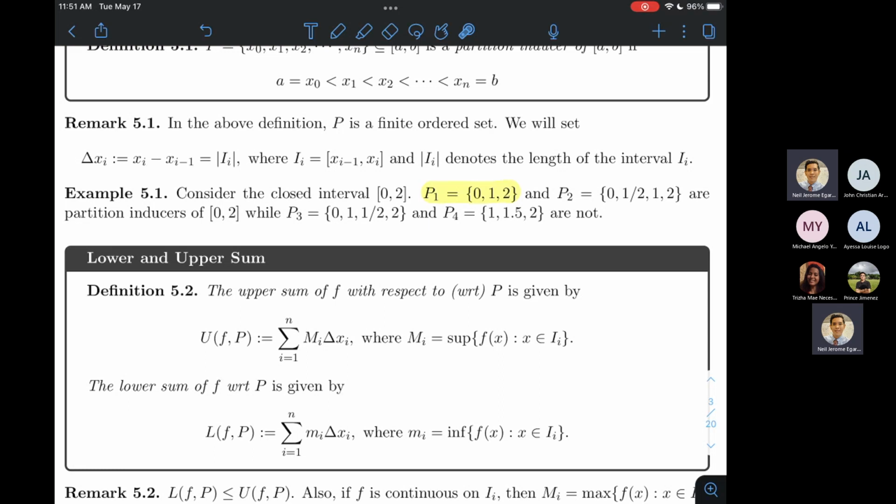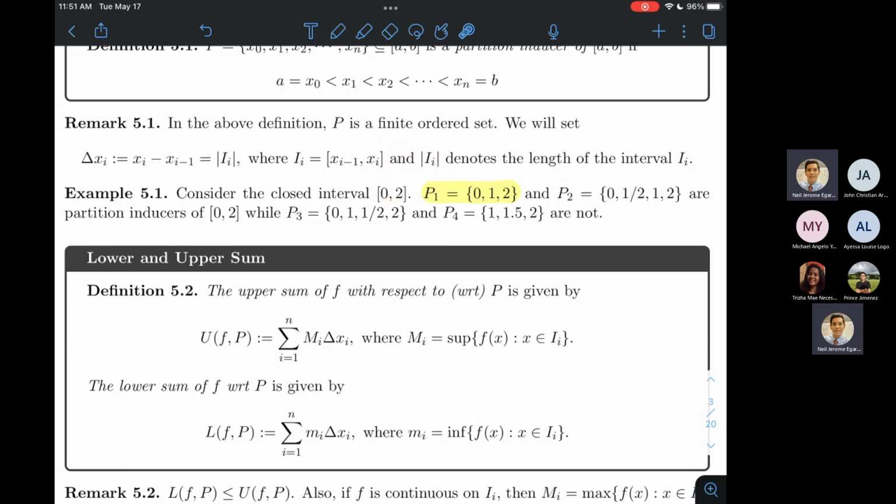Thank you, John Christian. And then Ayesa is right, because x sub 0 of P4 is not equal to a. That's correct. The interval of interest is the closed interval 0 to 2, but the partition inducer starts at 1. So P4 is not a partition inducer of [0, 2] because the closed intervals that P4 induces will not cover the entire interval 0 to 2.